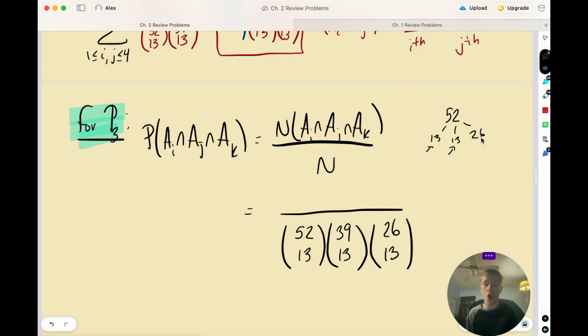And then we don't know if the third person also has a complete suit or not. That's what this probability is designed to figure out.